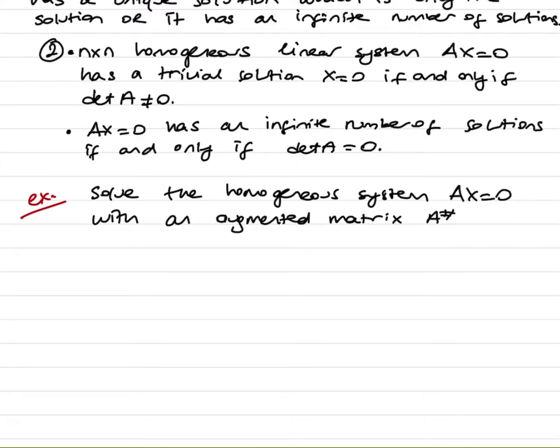So A sharp, the augmented matrix, is given as 0 2 3 0; 1 -1 0 0; 3 7 0.